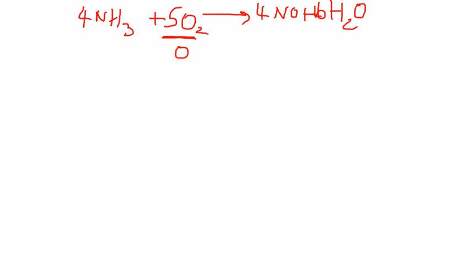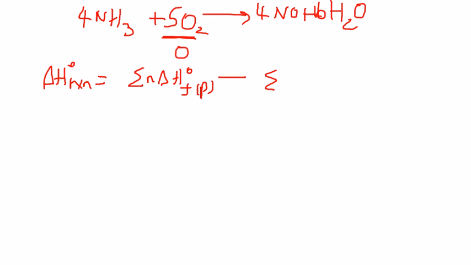But for this reaction, you can say the delta H reaction is going to be equal to all the products put together times their number of moles, and from that you're going to subtract all the reactants times their number of moles.